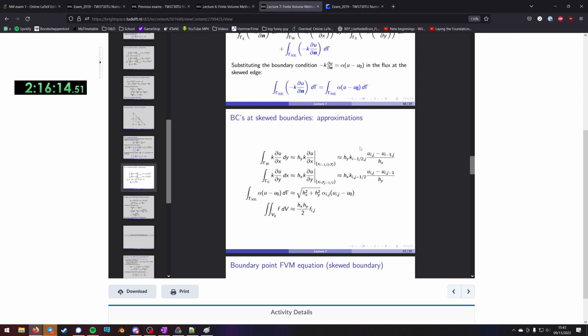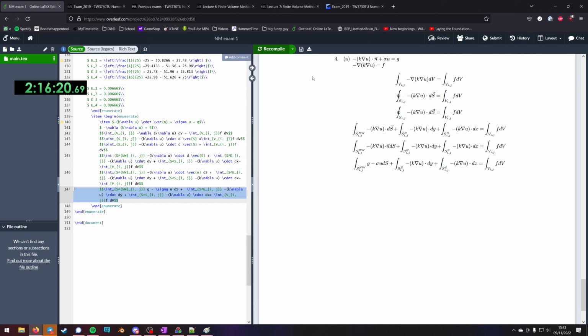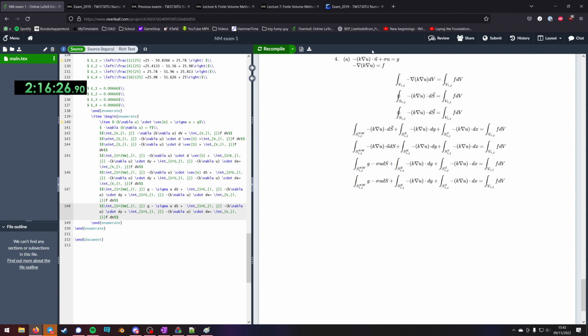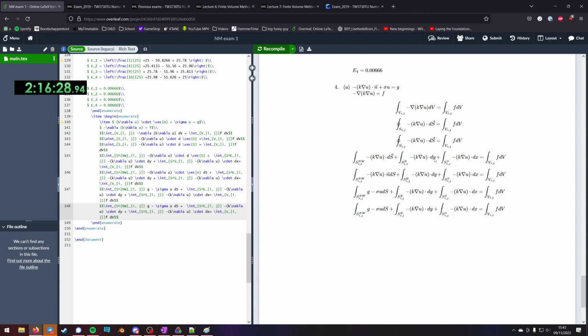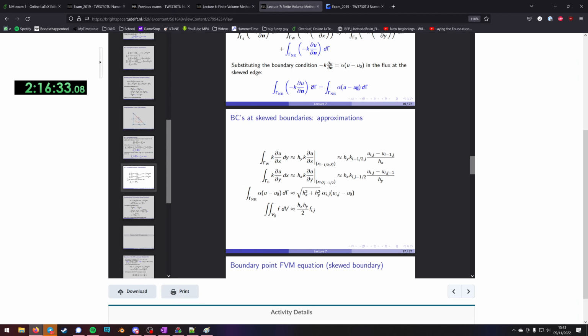And then it's just the actual calculation here. At that point, the integral of f, I don't think you change.